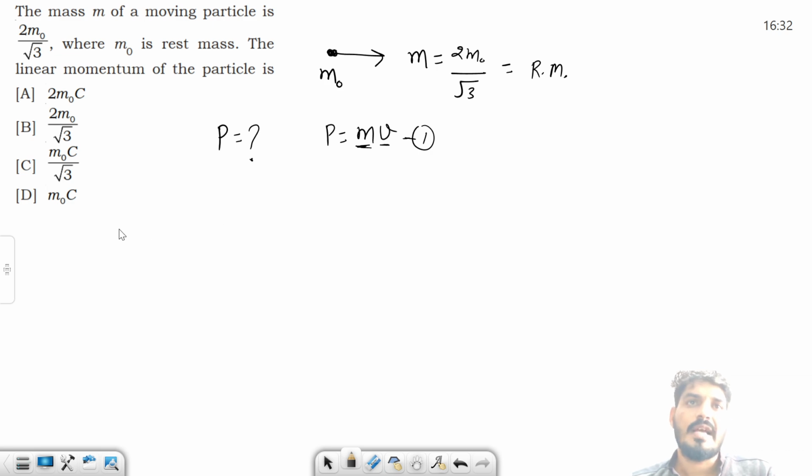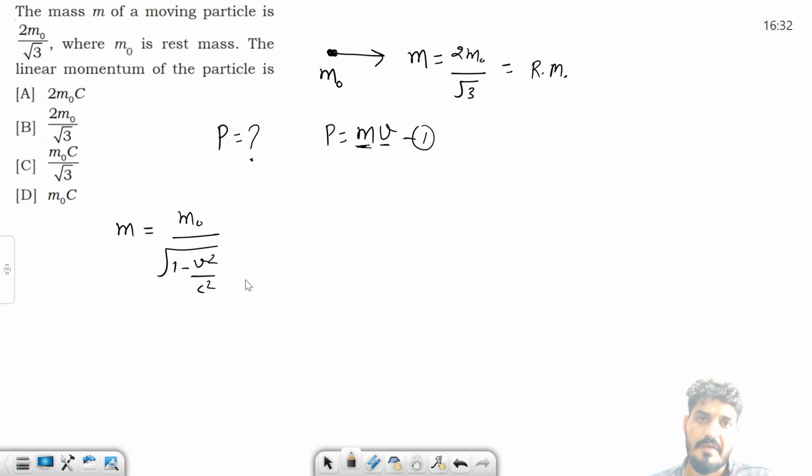We know this formula. Relativistic mass m is m naught over under root 1 minus v square by c square. This formula we already know. And this mass is given to us, 2m naught by root 3. So you can cancel m naught with m naught. Further, what can I do? I can square both sides and change it.